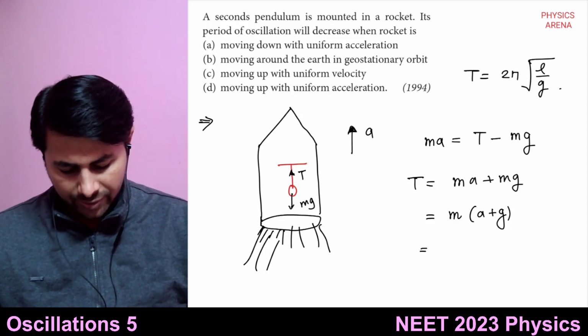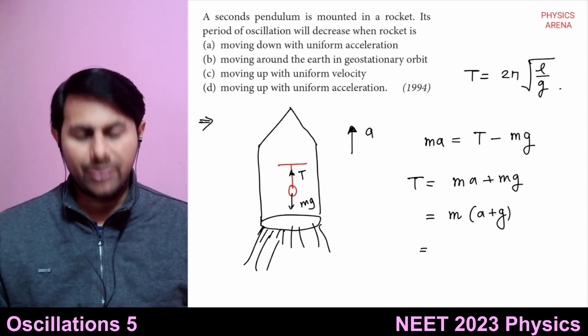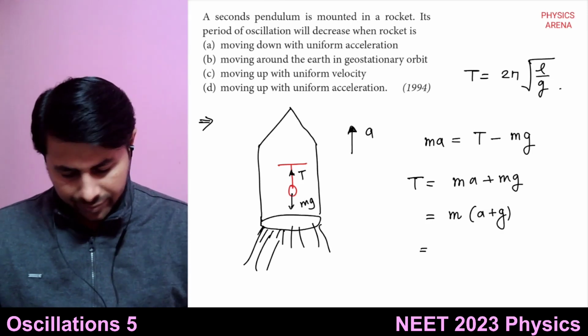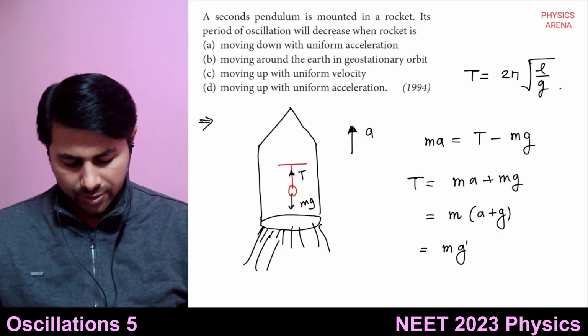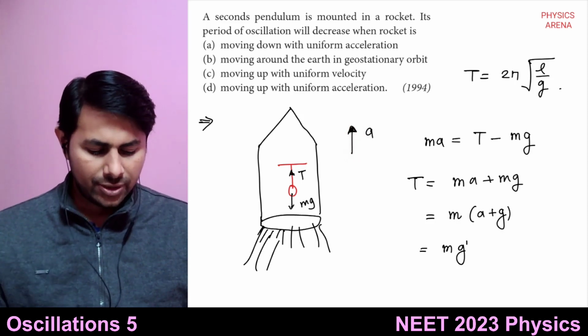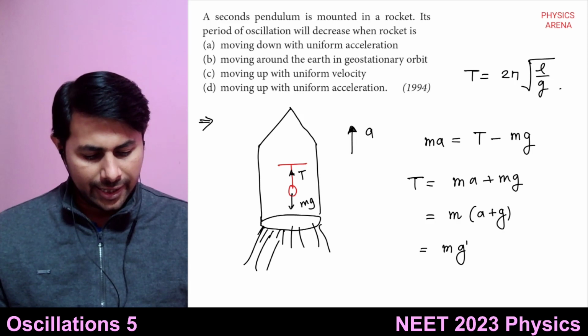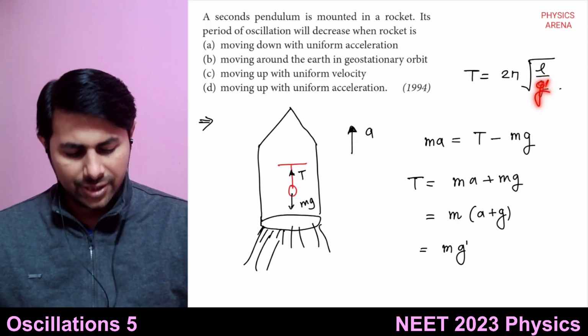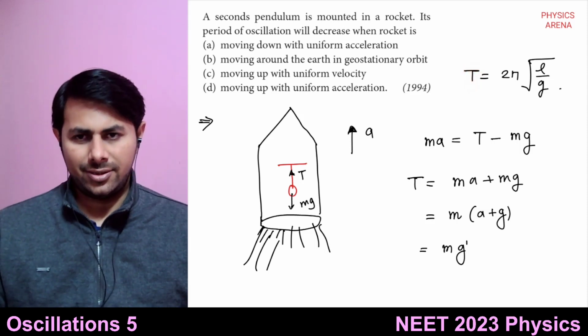So this is the effective value of the acceleration due to gravity which it will feel, m into g dash. When it moves upwards with some acceleration, then g dash will be greater than g, and in that case only the time period will decrease.